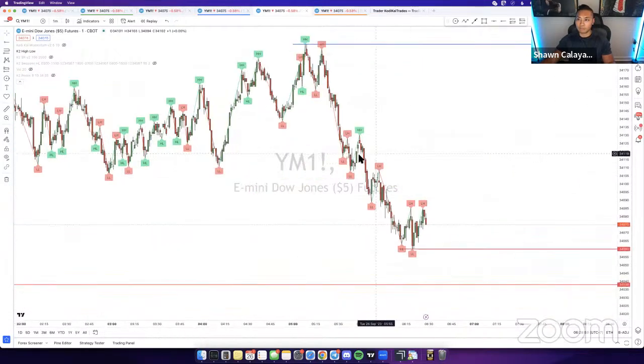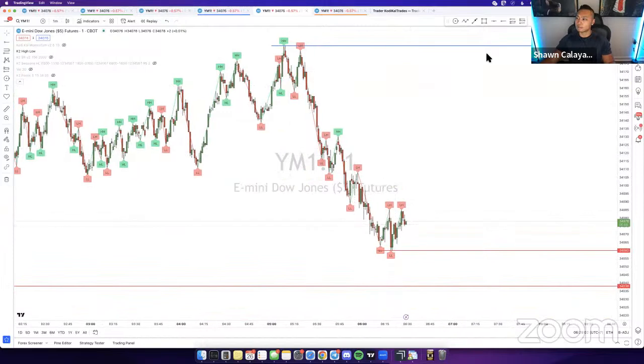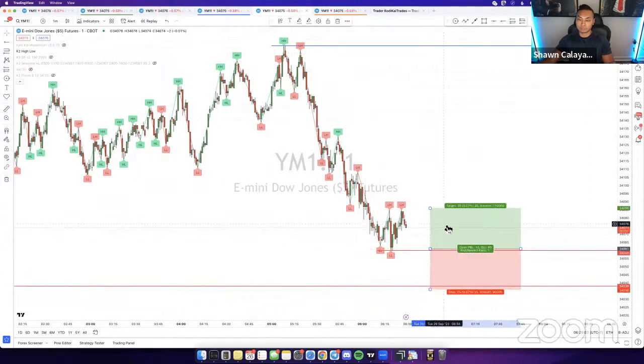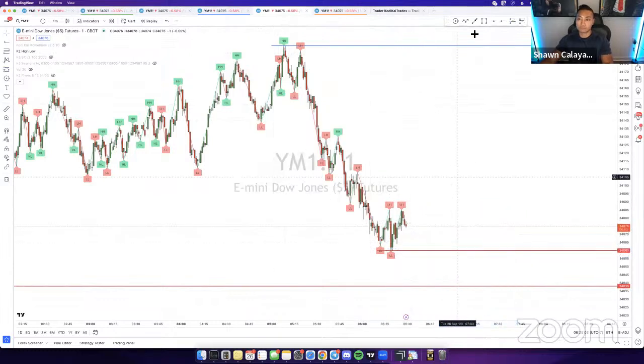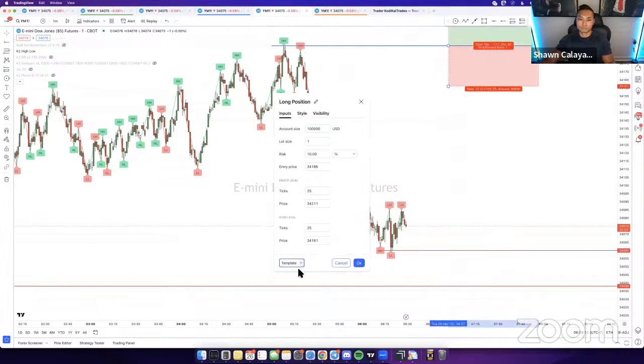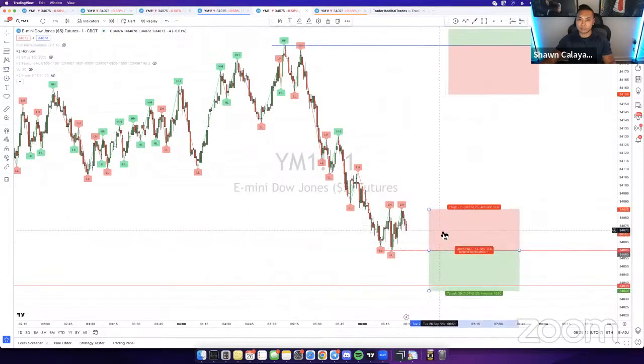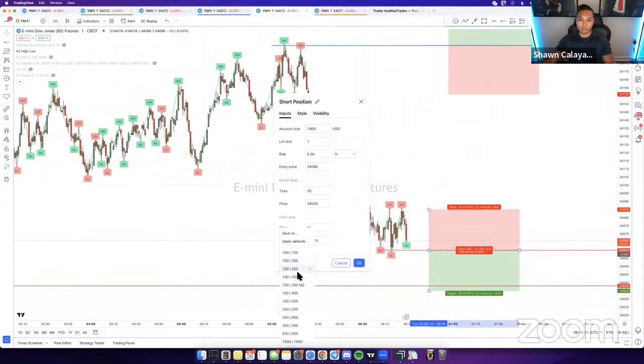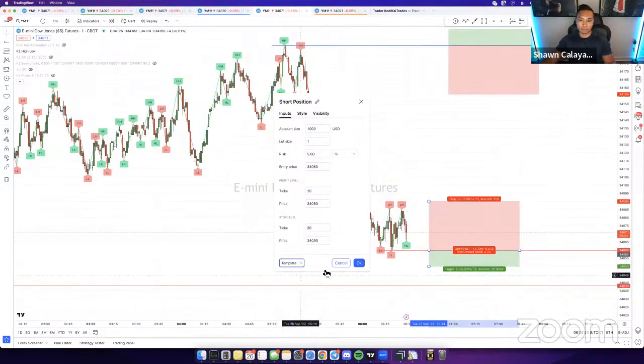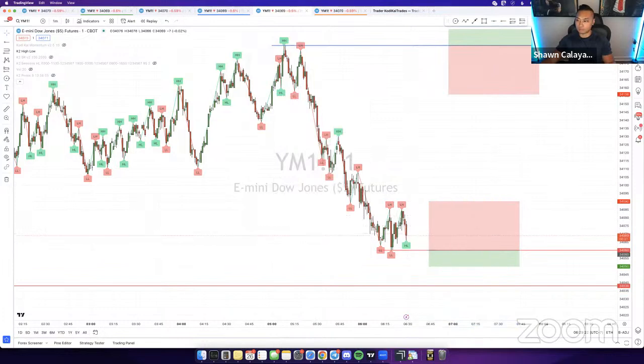And then we have a higher level over here at 34,186. So we got one level right here, and one level down here. This is going to be considered a strong high low. I mean, this will probably get hit pre-market, but yeah, this is considered one of the stronger high lows.